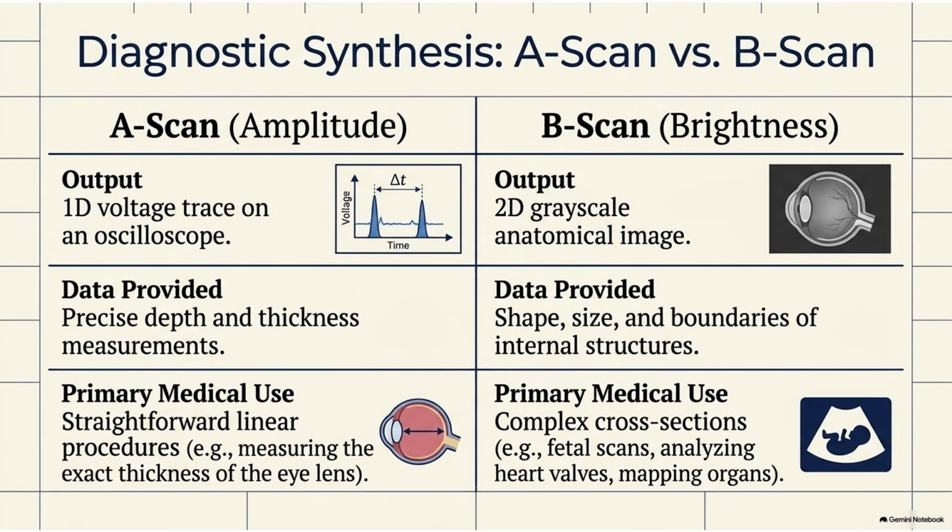Instead of simply displaying peaks, it represents echo information as brightness at different positions. Therefore, A-scans are particularly useful when precise depth measurements are required, while B-scans are more useful for visualizing the shape, size, and boundaries of internal structures. In modern diagnostic ultrasound, the B-scan principle is fundamental to producing the familiar ultrasound images used clinically.